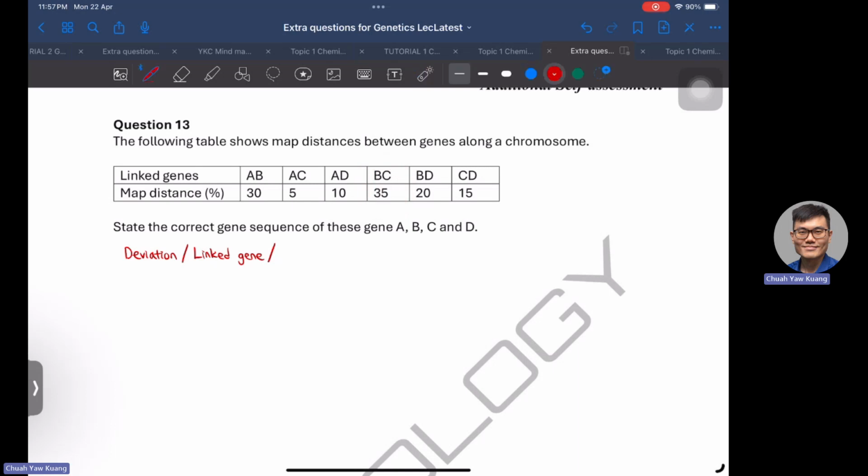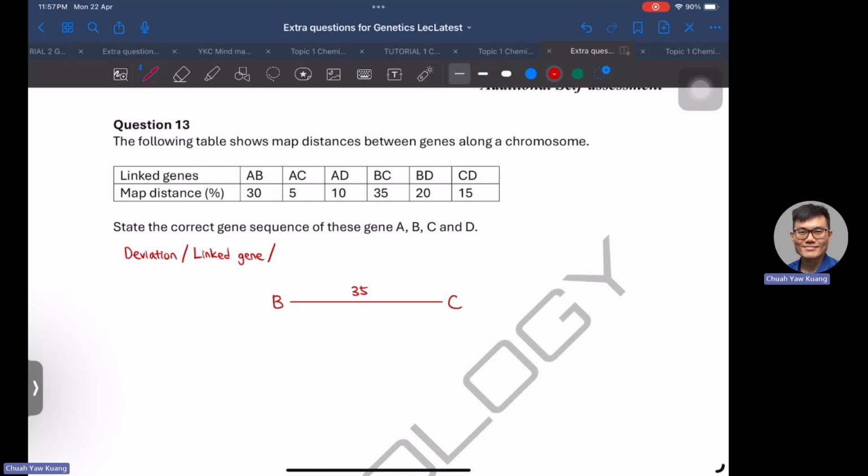So normally we can just write B and C. The distance between B and C is 35 map units. Once you write that down, you have identified the largest distance.